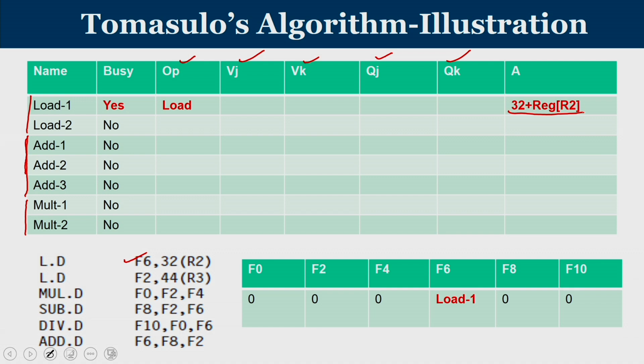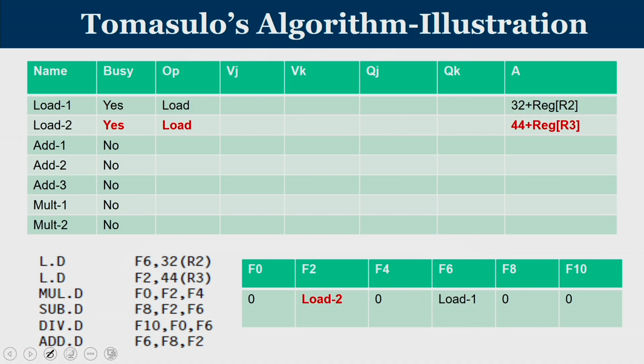This indicates that at this point the value of F6 will be produced by the load 1 unit.